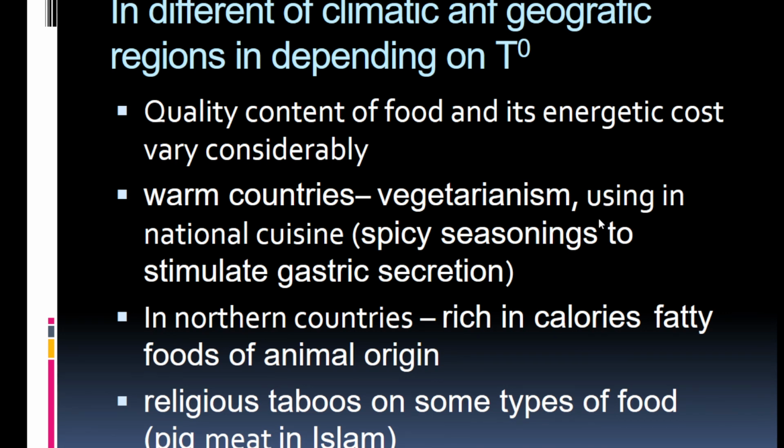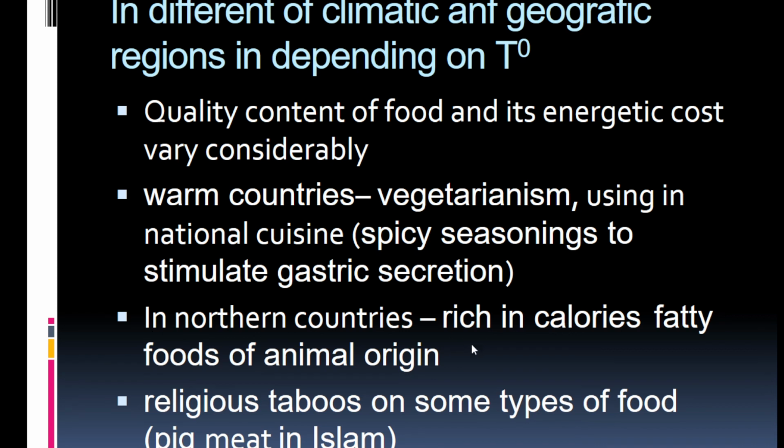And in warm countries, spices and seasonings are used in national cuisine to stimulate gastric secretion in order to compensate for insufficient quantity of digestive secretions in the stomach, for example, and in the intestine.